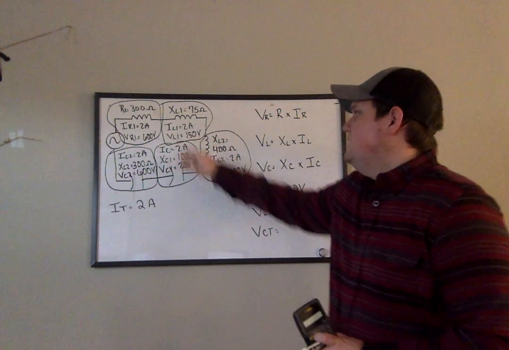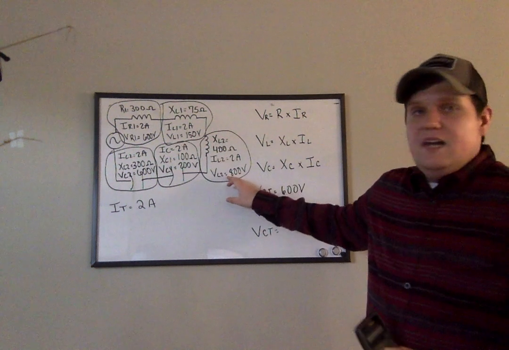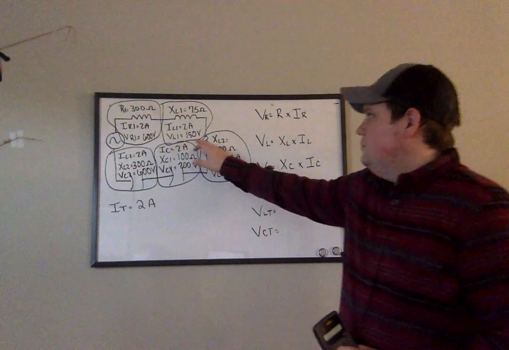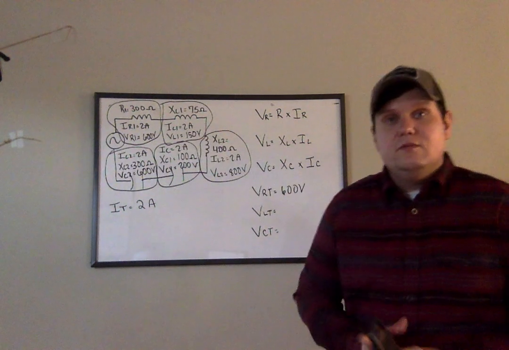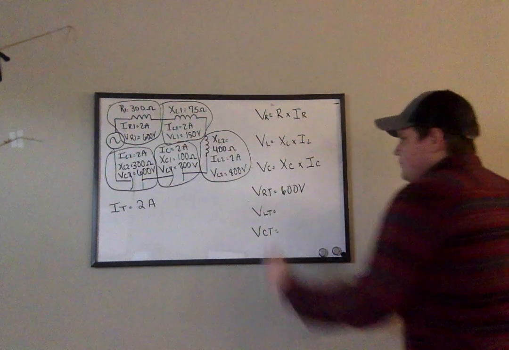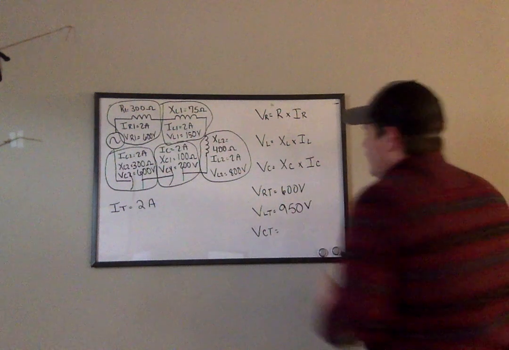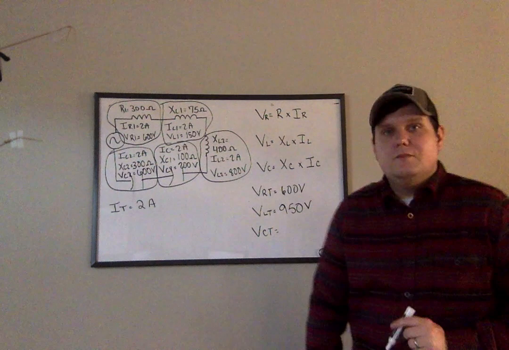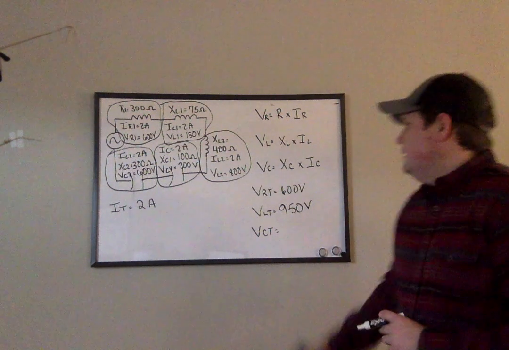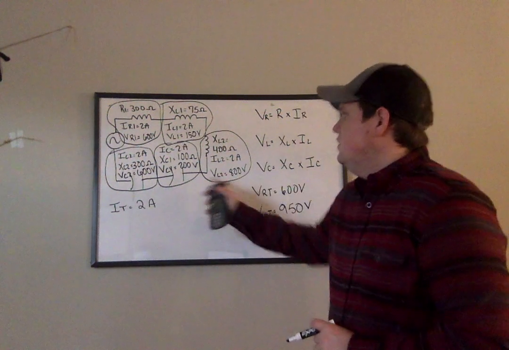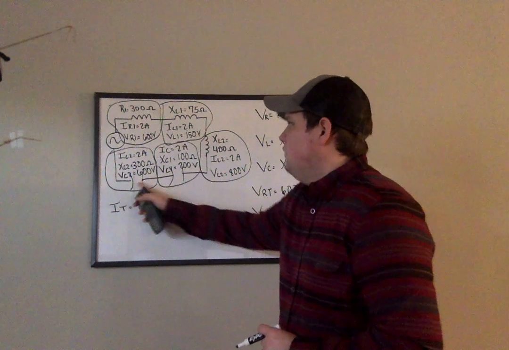VL1 is 150, VL2 is 800. 800 plus 150 is 950, so VL total is 950 volts. Now let's look at the 2 capacitive voltages.